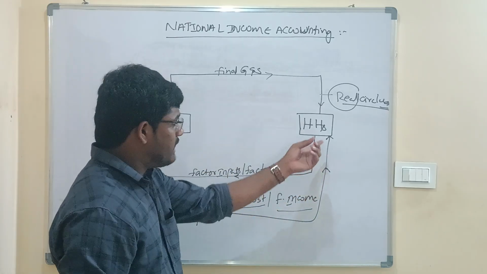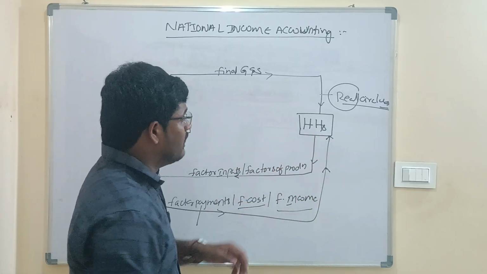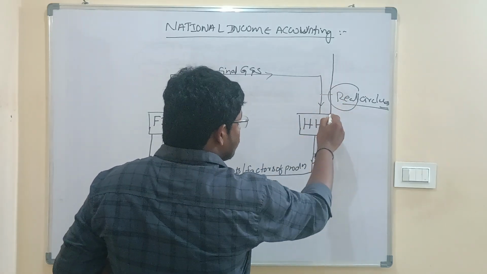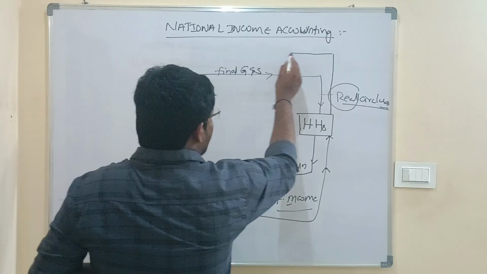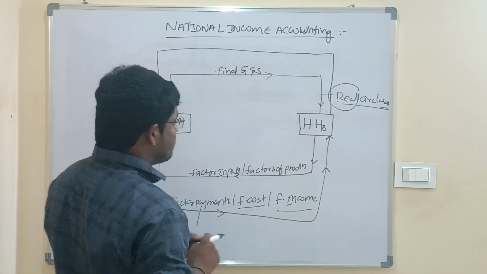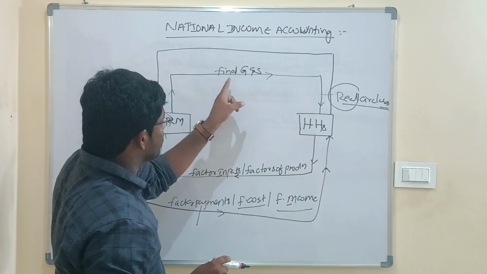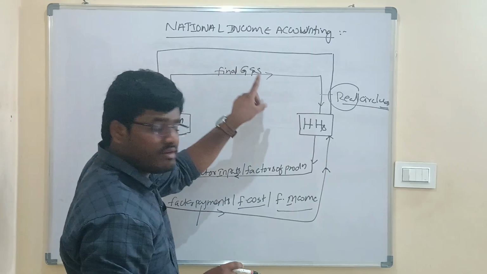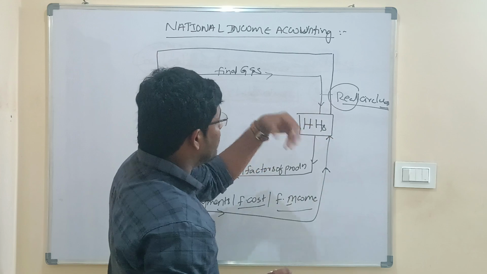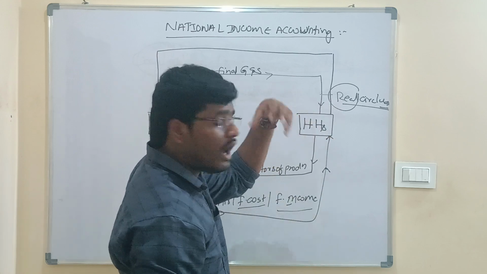Now the households have received the factor incomes. Whatever factor incomes the households receive are used to buy different goods and services which the firm produces. So whatever final goods and services the firm produces are used by the households.